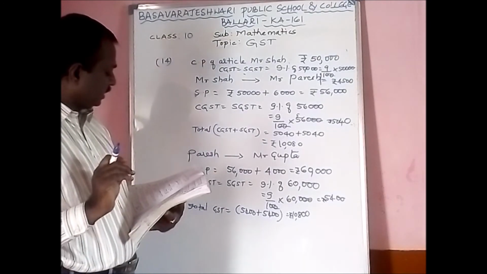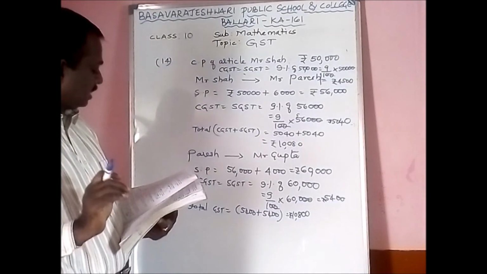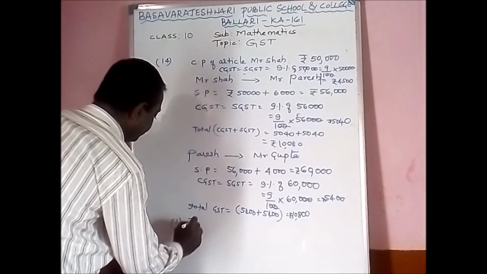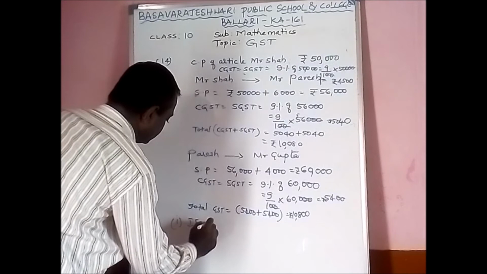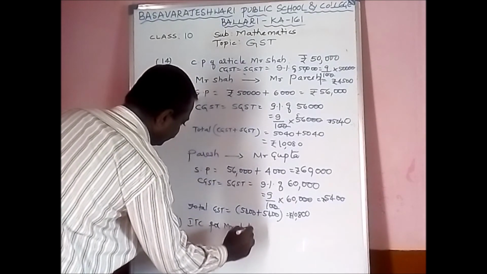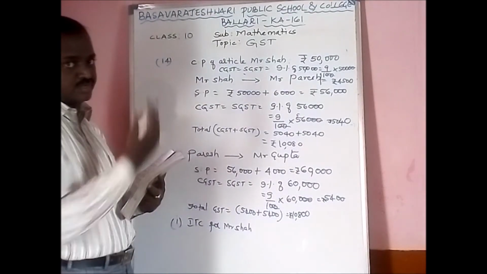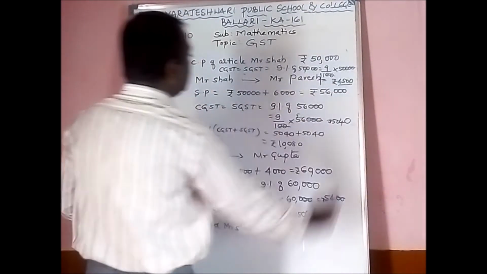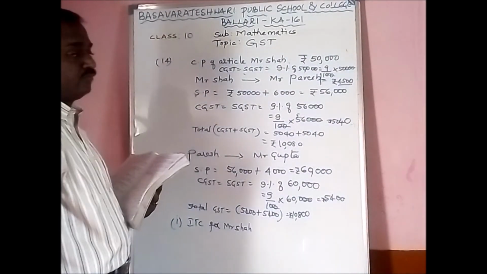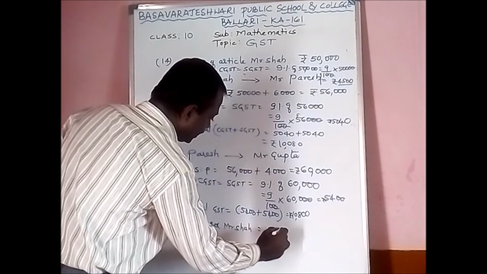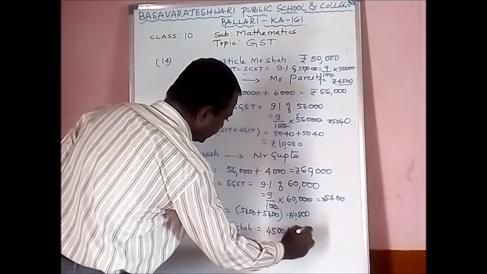Now what is the input credit for Mr. Shah? ITC for Mr. Shah. That means he has given some GST to whom? To the manufacturer, because he purchased the article, isn't it? So we find out what the CGST and SGST are, 4,500 plus 4,500 he paid.